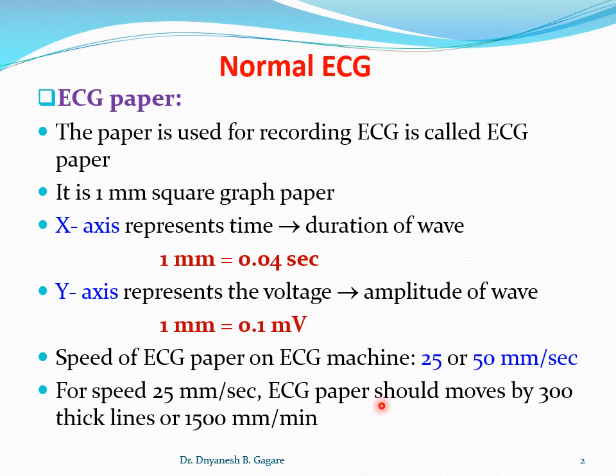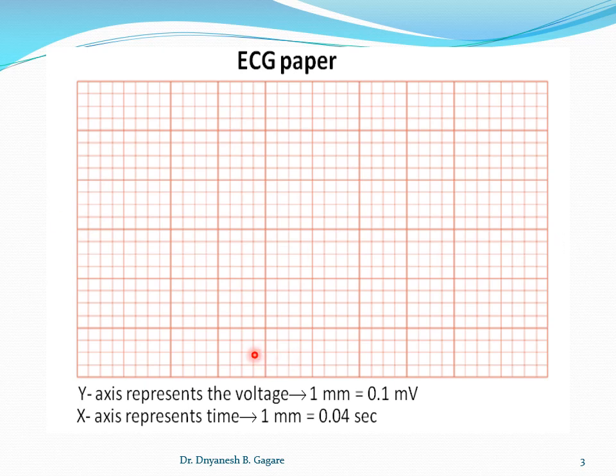Now see the picture of the ECG paper. I already told you that the x-axis indicates the duration of the wave. Duration of the wave means, for example, the wave starts from this point and ends here. So duration of the wave is from the beginning of the wave to the end of the wave.